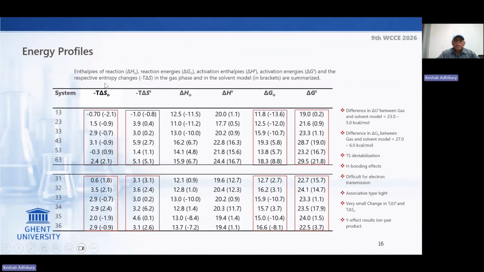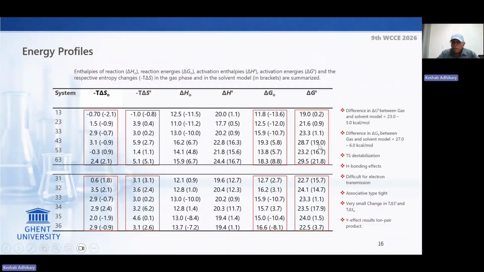We also calculate the energy profile for this reaction. Mainly, I want to show in this state that this is the free energy of the reaction, and this is the activation energy for the reaction. In the brackets are the energies for the solvent model.